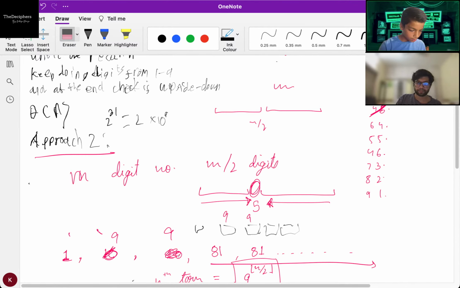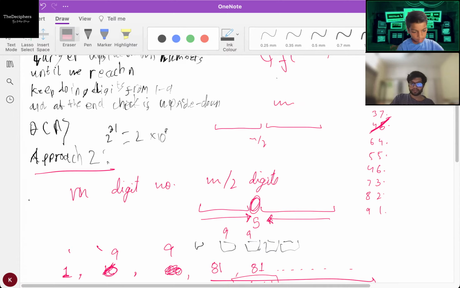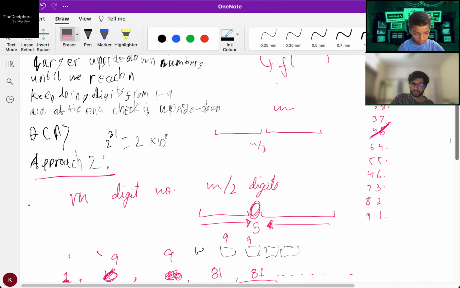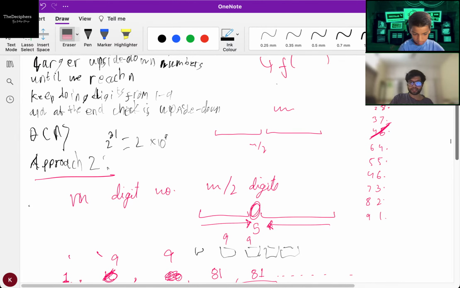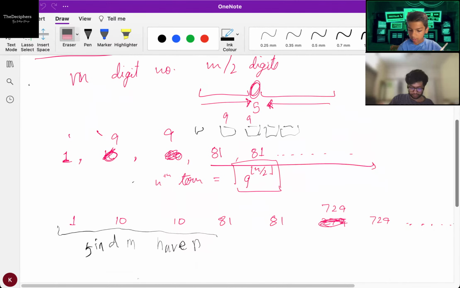So actually the nth term will be 9 to the power of n by 2.